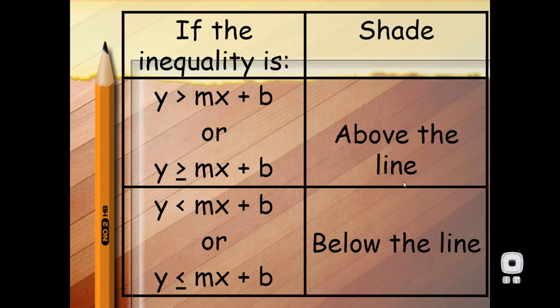So if it's y is greater than or equal to, and we keep it in slope-intercept form, then we'll shade above the line. Or if it's y is less than in slope-intercept form, then we'll shade below the line. So a greater than makes sense. It's everything greater on the y-axis, so we're going to shade above, and if it's less than, we'll shade below.